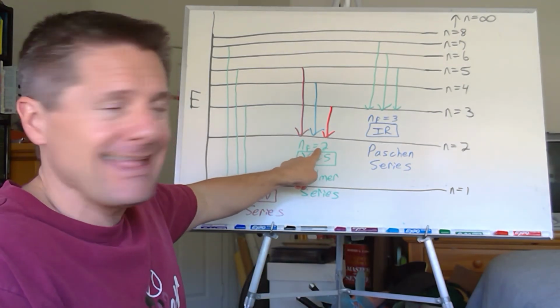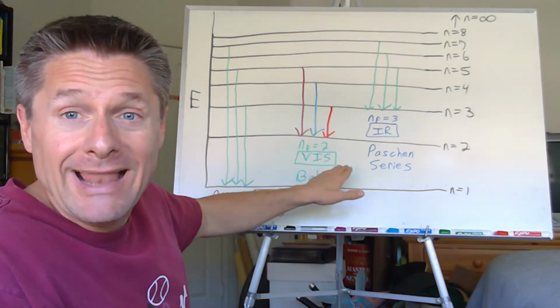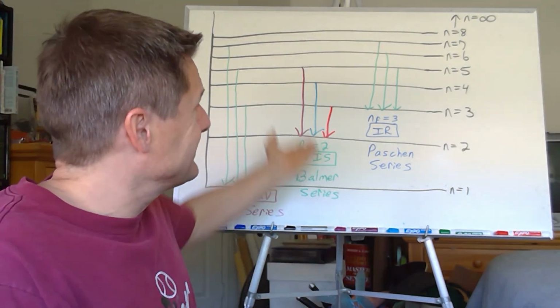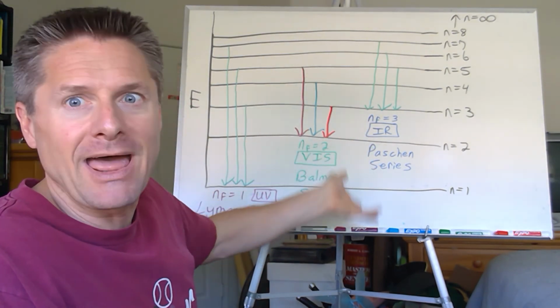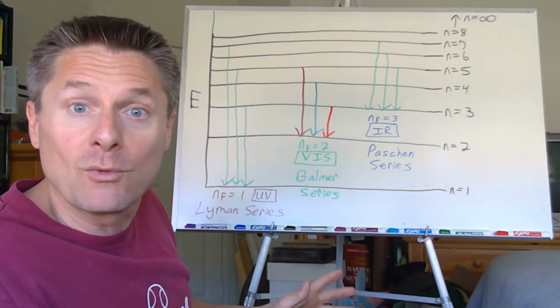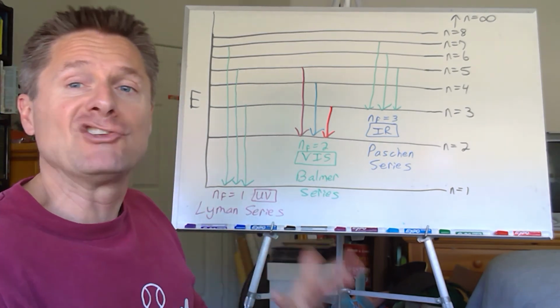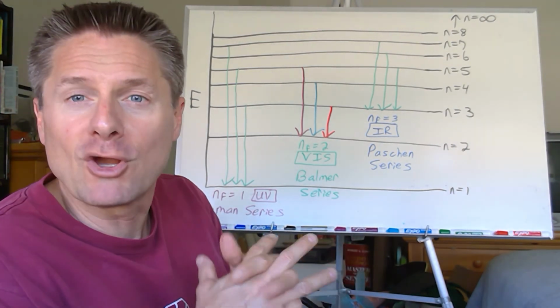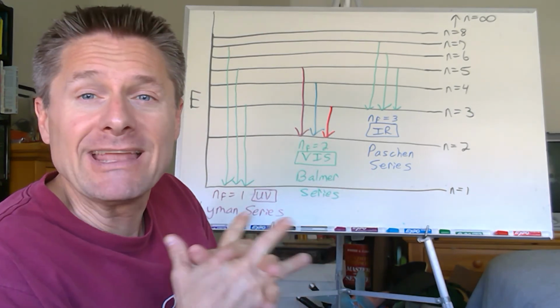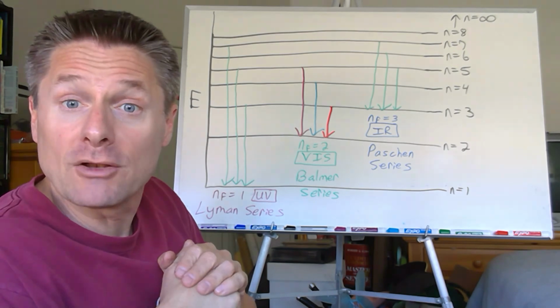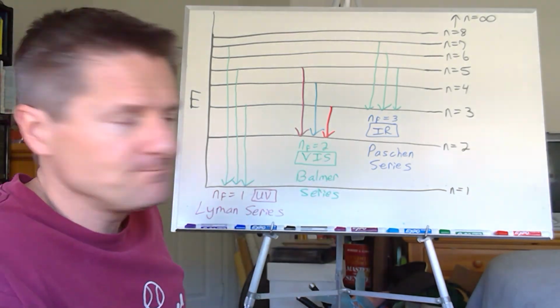So anything that ends in n final equals 2 for a relaxation falls in the visible region. Or if you're exciting up to some respectable n, not like n equals 942 or something weird like that. And that was discovered by Balmer, and he was the one who first tried to create an empirical equation for these transitions without having any quantum theory behind him. He just kind of forced it to fit the data because he could see those colors. All right, so it's named after Balmer.